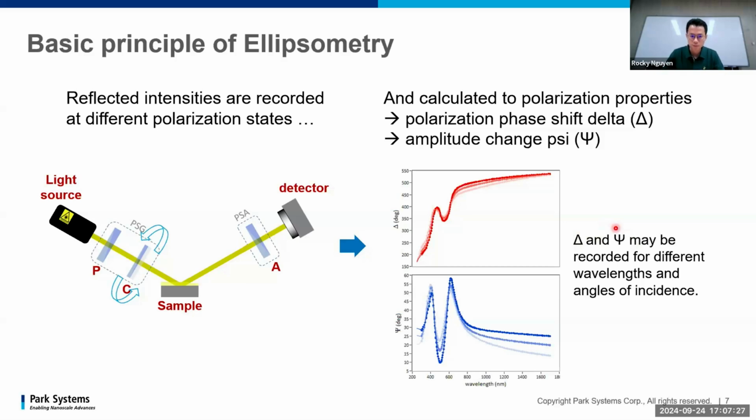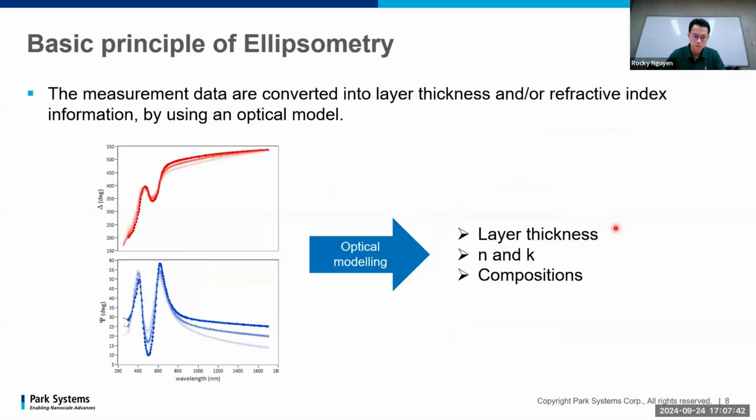Also, the imaging spectroscopic ellipsometer allows measurement at different wavelengths from UV to near infrared, and we can characterize at different angles of incidence. So when we have delta and psi, we apply the optical model to this data, and after that, we can have the information on optical properties of the samples, as I mentioned.